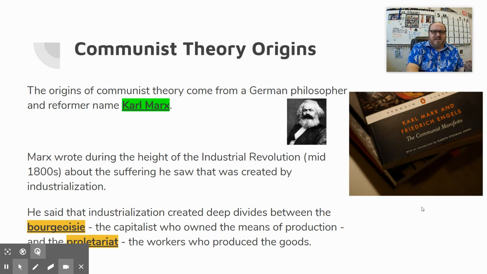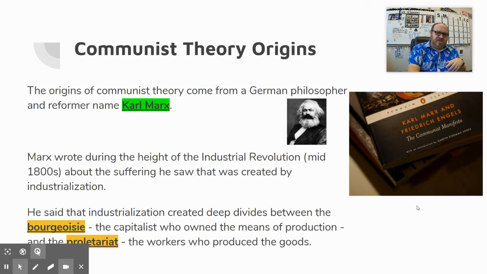So in his idea, he said that industrialization created really deep divides between who he called the bourgeoisie, which is a French term that refers to capitalists who own the means of production, and the proletariat. Those are the workers who produce the goods, the bourgeoisie and the proletariat. Okay, bourgeoisie are the wealthy, the owners of goods and property. The proletariat are the workers.